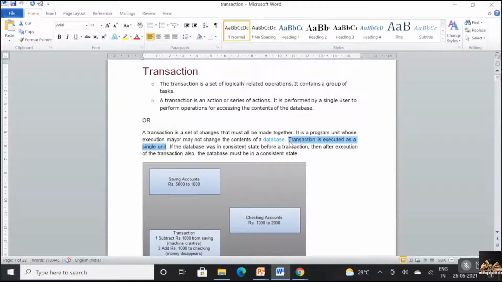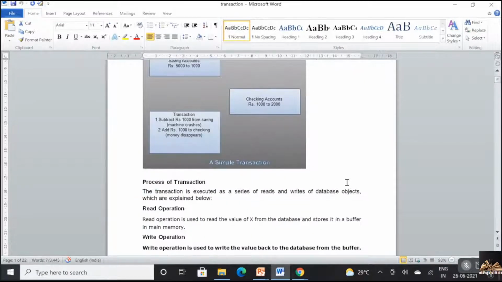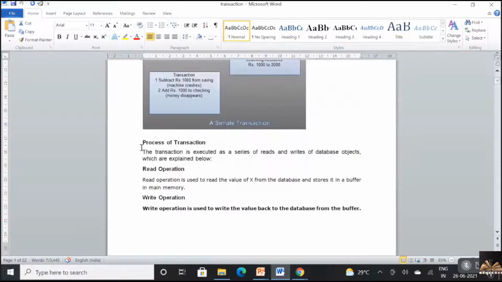How the database was there before starting my transaction, it has to be in the same state after I complete the transaction. Okay, so process of a transaction. I told you, the transaction is executed as a series of reads and writes of database objects.